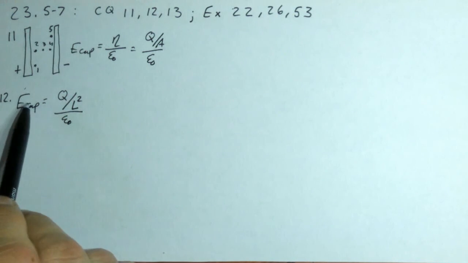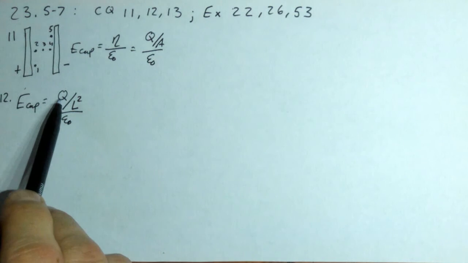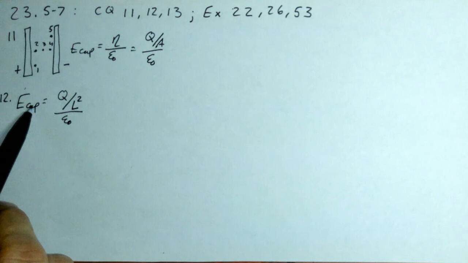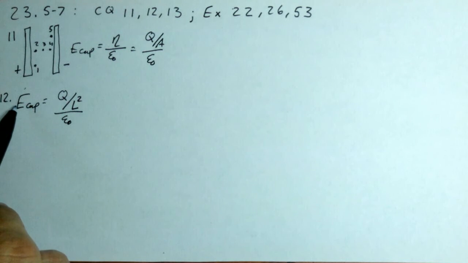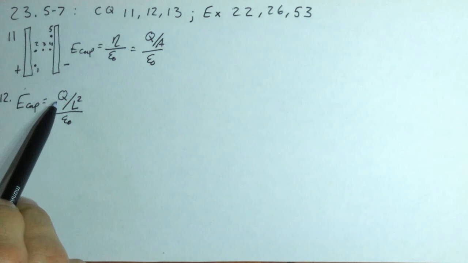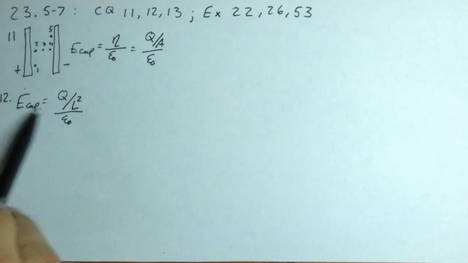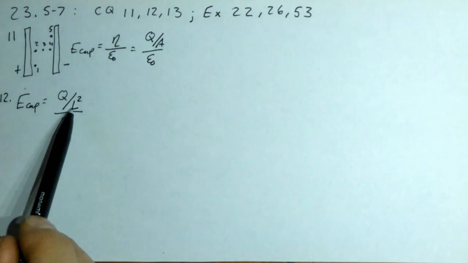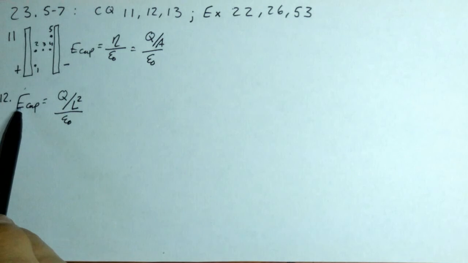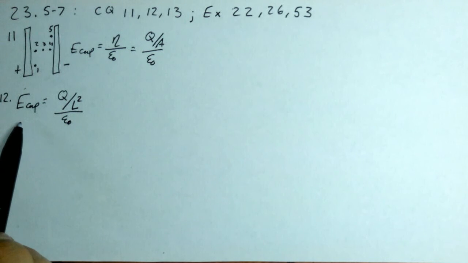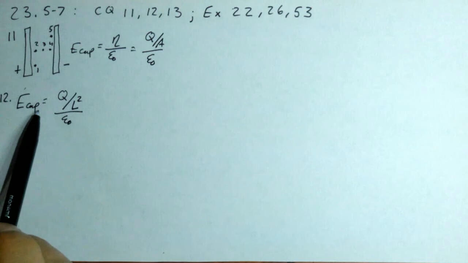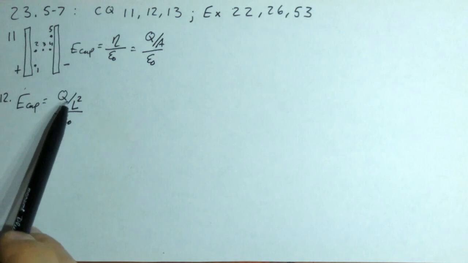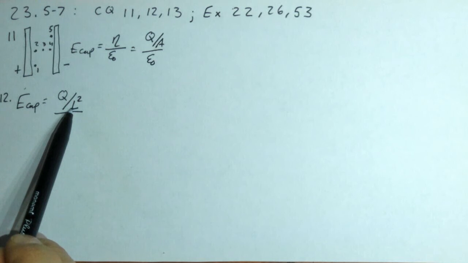If we now double Q, we're going to see that the electric field must double because it's directly proportional to Q. Or in the second state, if the length doubles, what happens to the electric field? Okay, the electric field should go down by 4 times because it's inversely related to the length squared.